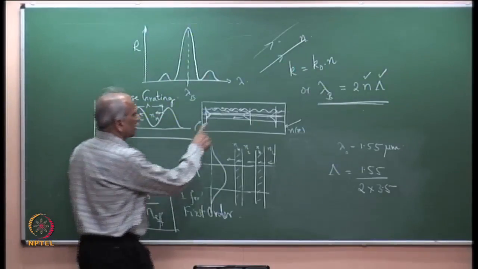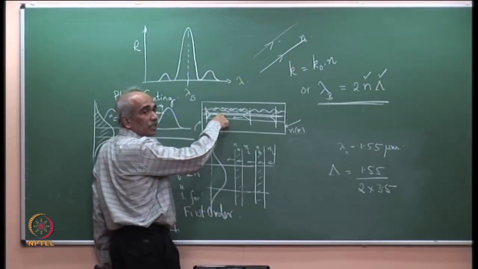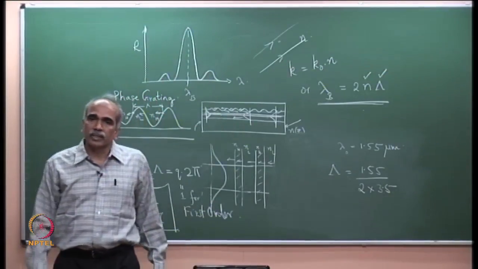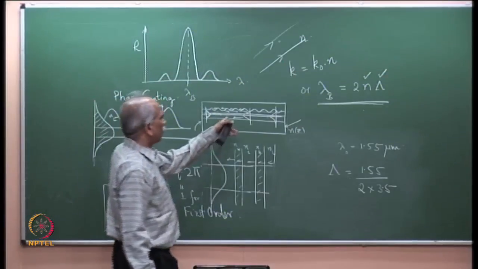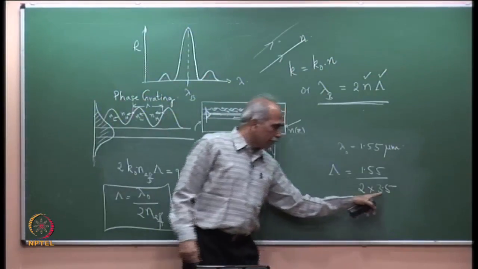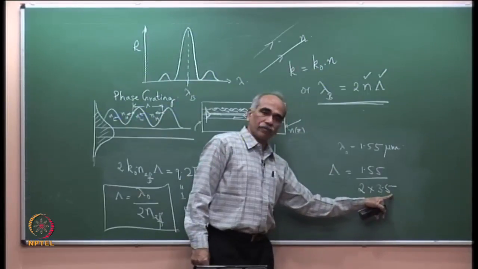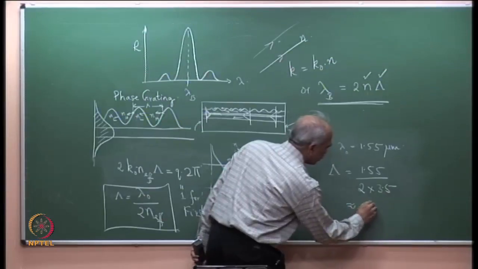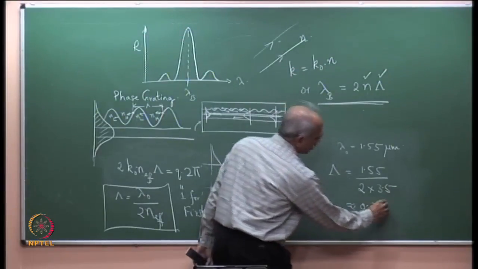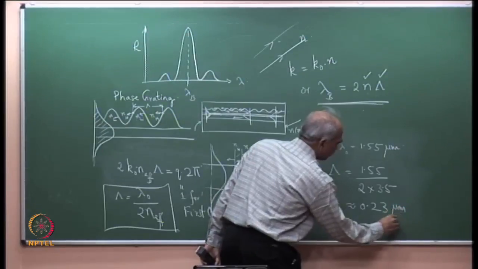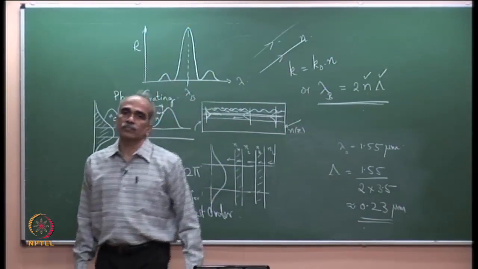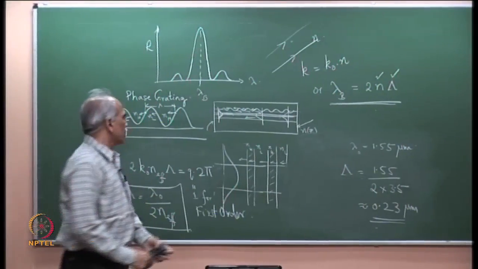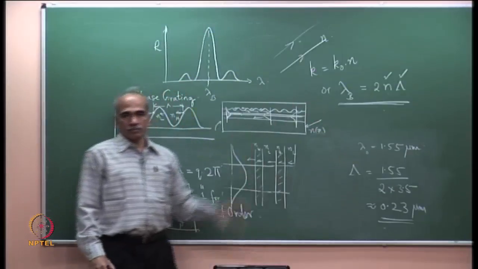Why 3.5? Because the active medium may be 3.6, outside medium may be 3.4. These are typical numbers for semiconductors. Refractive index is 3.5, and therefore n effective I have chosen as 3.5. So, how much will this be? Approximately 0.23. So, that is the period that is required, the corrugation that is required to be made in the cladding.